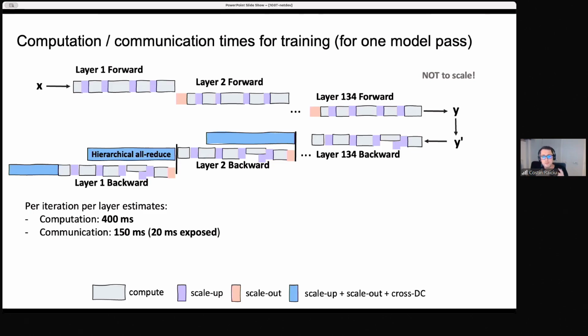And the communication, just out of this entire thing, 20 milliseconds of communication is not masked by compute. Actually, this is the biggest metric we care about. How much communication do we have that is not masked by compute? Because if it's masked by compute, it doesn't mean we're waiting for the GPUs anyway. It doesn't matter that we're waiting for the network too, right? But the problem is the GPUs are so expensive, we don't want them to be idle waiting for the network. So exposed networking is really what we care about.